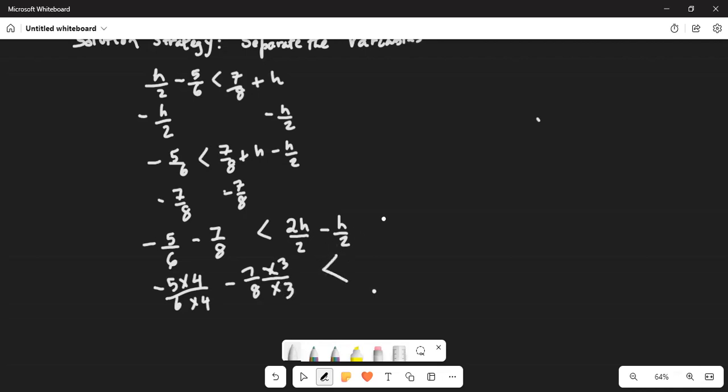Less than, on the right-hand side of the inequality, 2h minus h is 1h or h over 2. Okay.